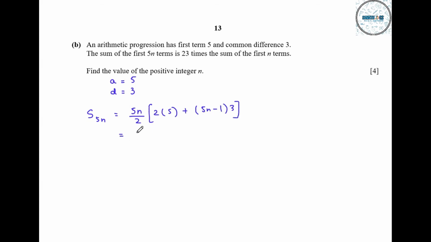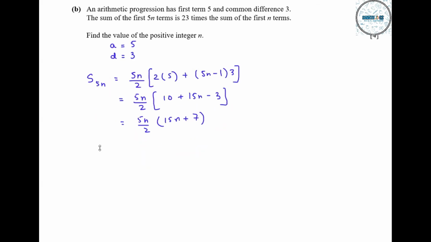So when we simplify it, we get 5n upon 2, 10 plus 15n minus 3, which will finally be simplified to 15n plus 7. Now we will take out the sum of first n terms, which is equal to n upon 2, 2 into 5, plus n minus 1 into 3.